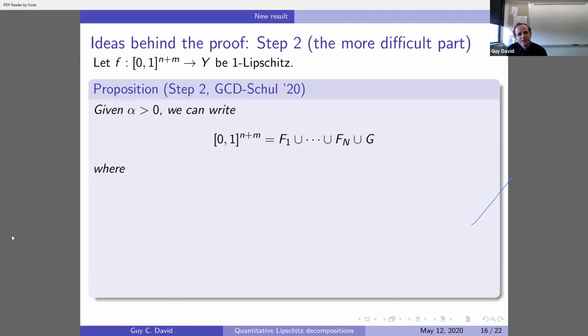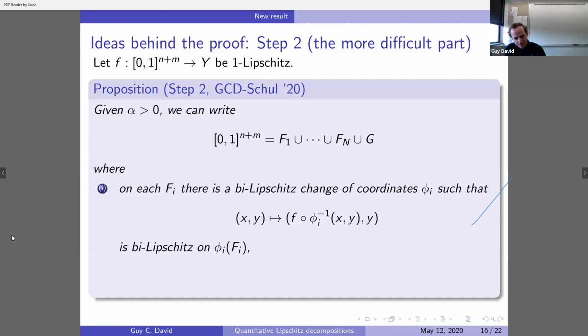So step 2 says, if you have a Lipschitz map into a metric space, then you can decompose the domain into a controlled number of pieces plus a garbage set, where on each one of these pieces, there's a change of coordinates, this phi I, so that if you precompose your mapping by this change of coordinates, then supplementing by y makes it bi-Lipschitz.